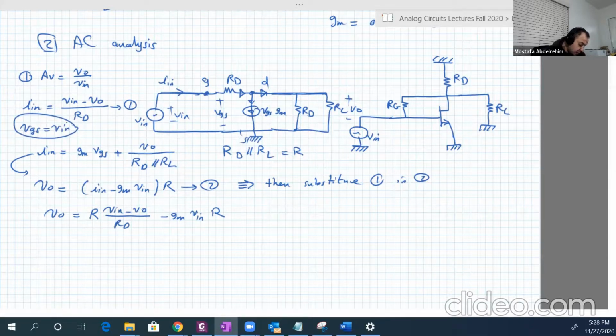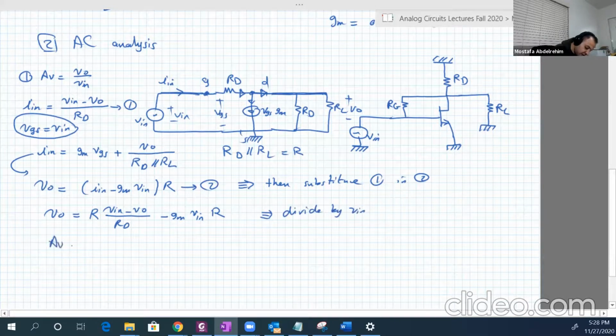Good. Remember, AV is VO over V input. So I will divide all the terms by V input. Let's first combine VO on one side and all the other stuff on the other side, and then divide by V input.